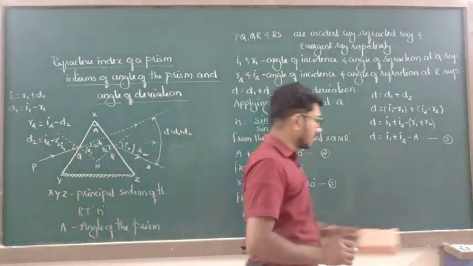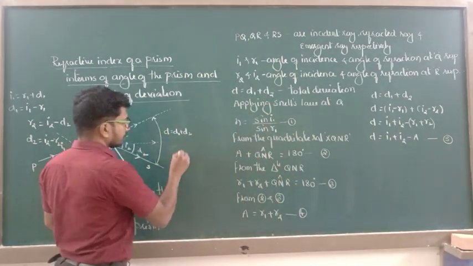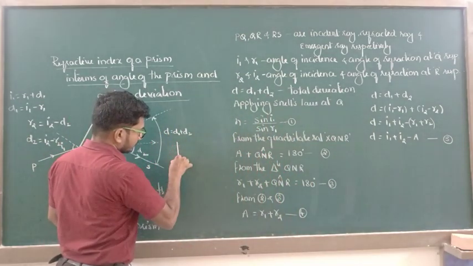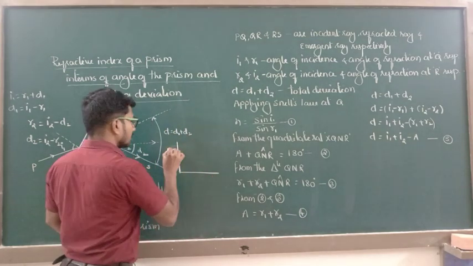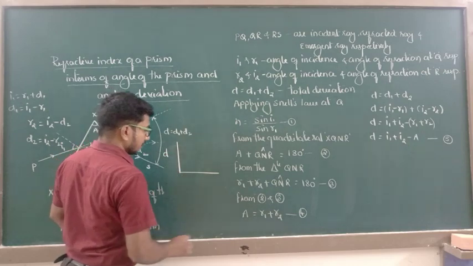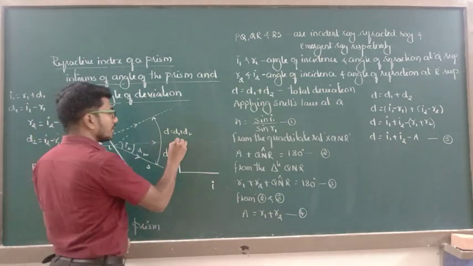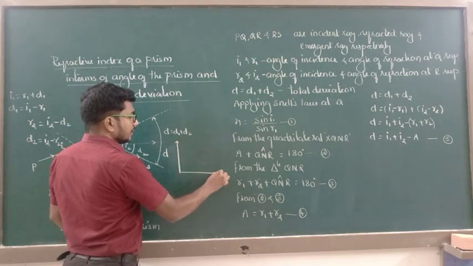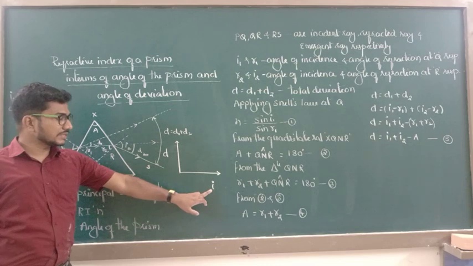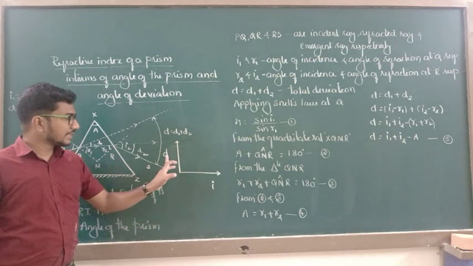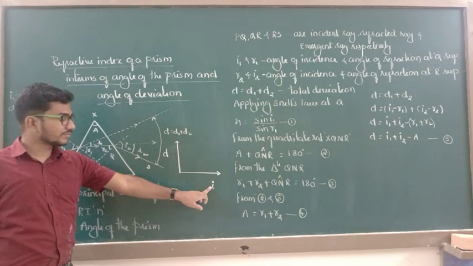So let us consider the graph between deviation and angle of incidence. D represents angle of deviation, I represents angle of incidence.